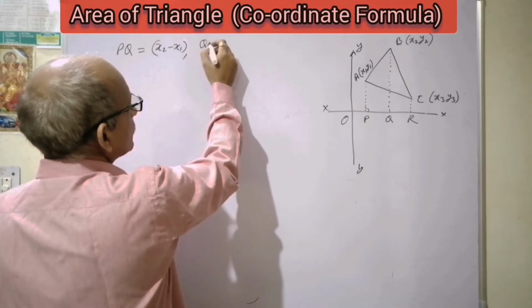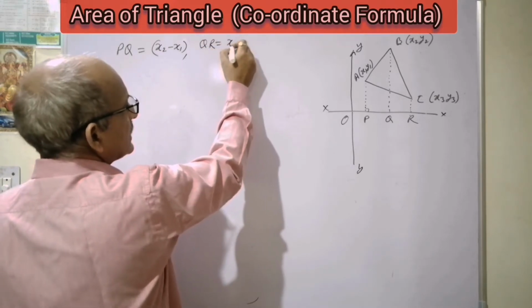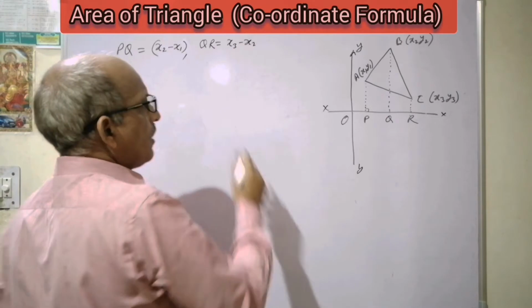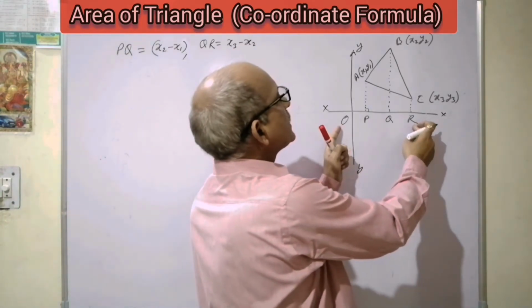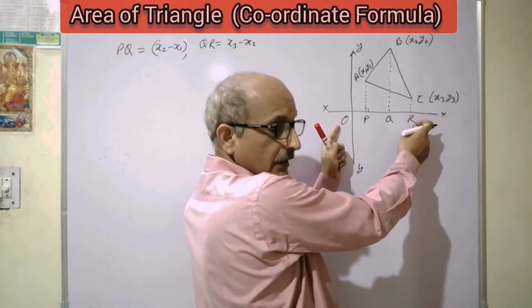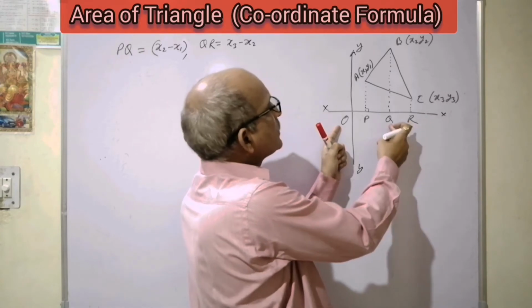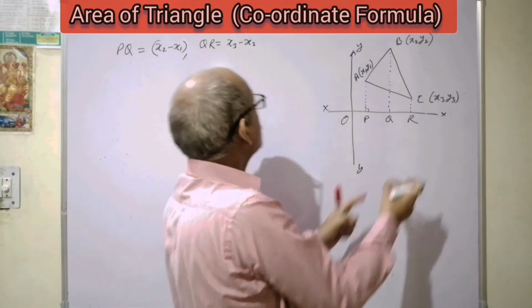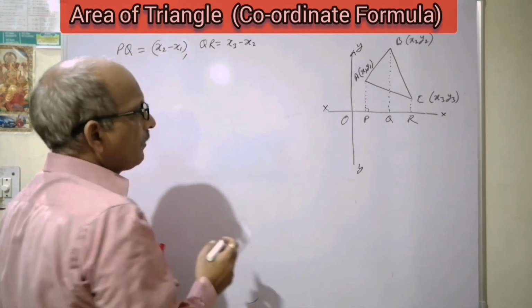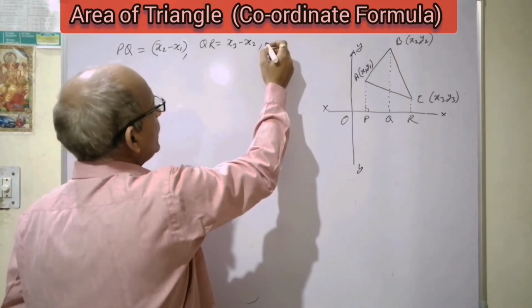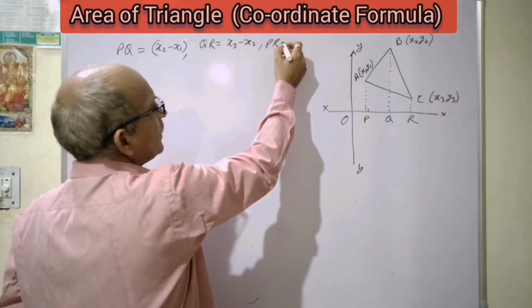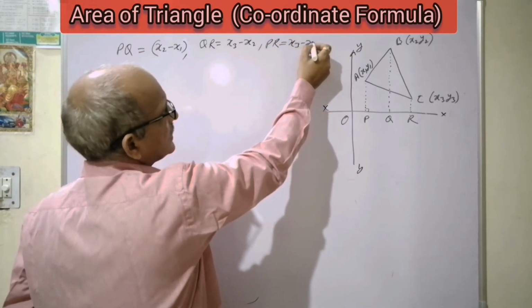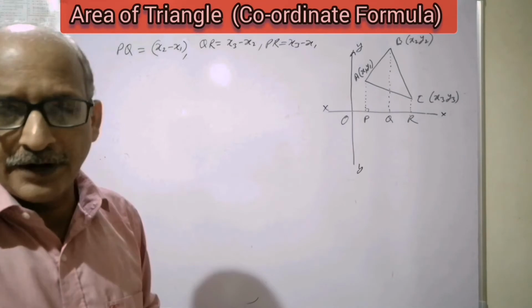QR is x3 minus x2, because R has x coordinate x3, and Q has x coordinate x2. So this distance will be x3 minus x2, and PR will be equal to x3 minus x1. That's all for the basics of it.